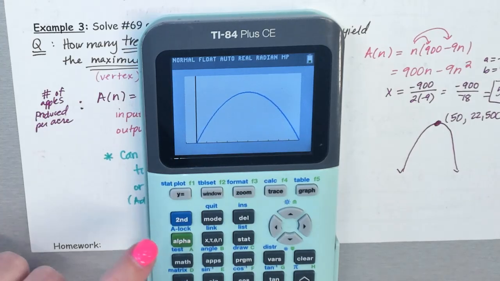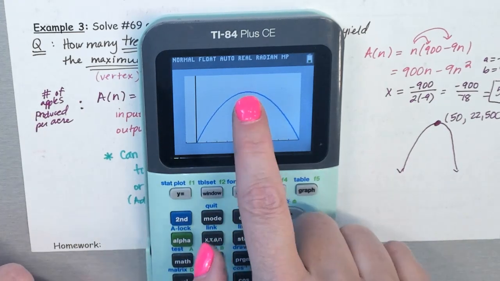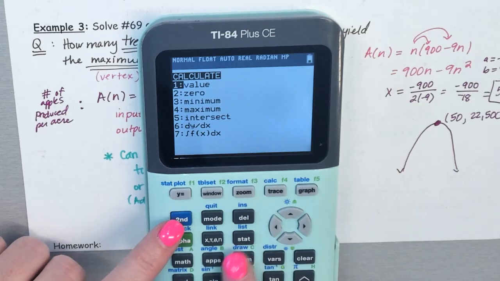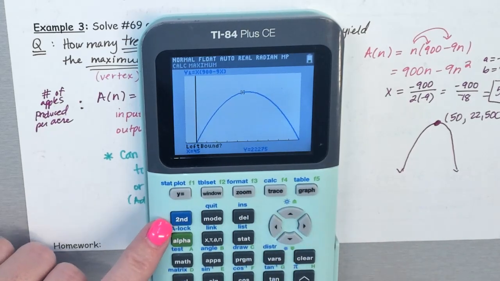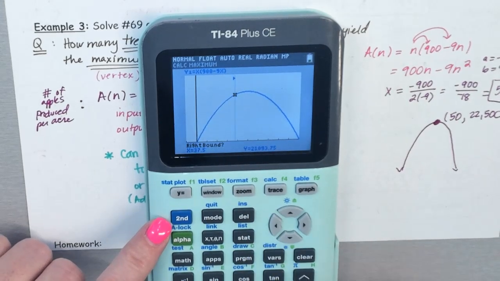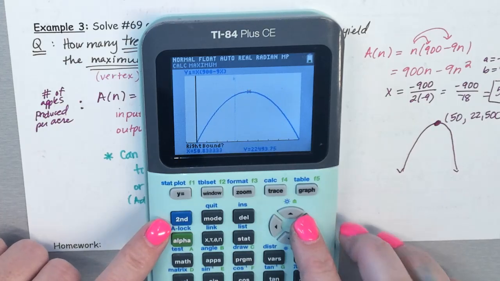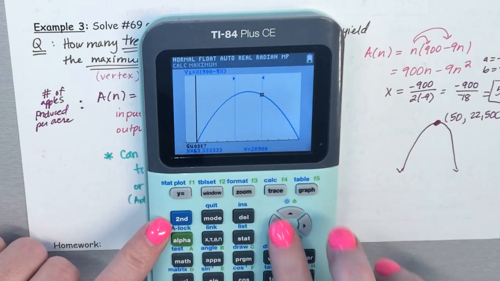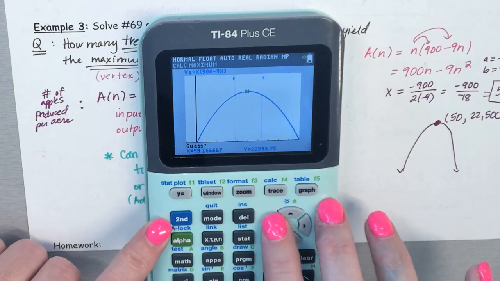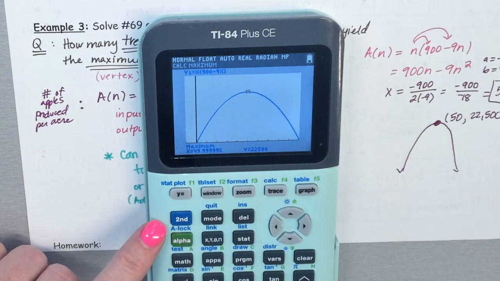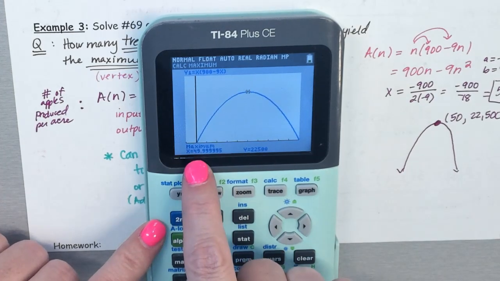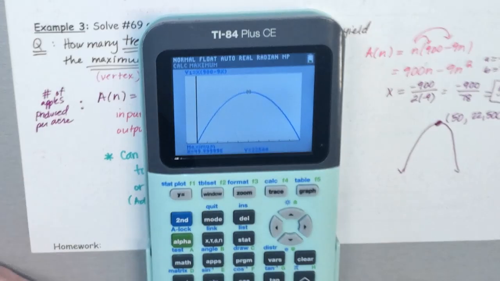Oh, it's so beautiful. And then, of course, if you had Desmos, you would just click on the maximum, right? And you could scroll. And then if you want to use your graphing calculator, you just got to give it some bounds. So it says search in between those, tell me what the maximum is. The 49.99 is going to round to 50 there.